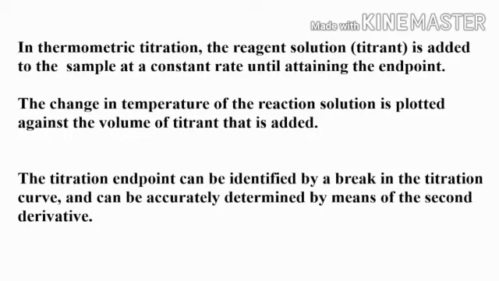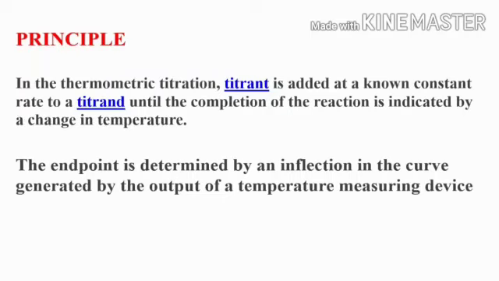Generally, the graph obtained in this type of titration is similar to the graph of conductometric titration, potentiometric titration, and amperometric titration. Let me discuss the principle behind the thermometric titration.